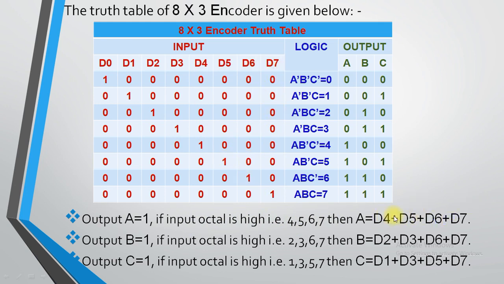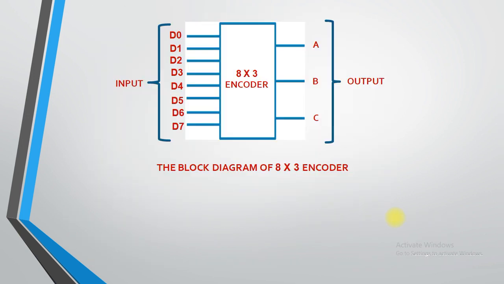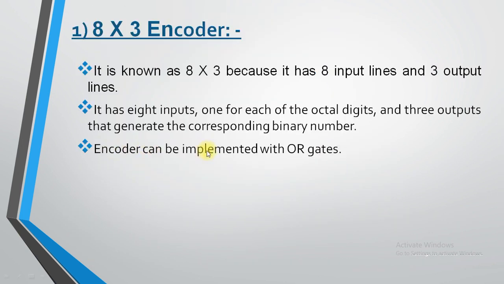So D4 plus D5 plus D6 plus D7. Now plus means which gate? OR gate. So at the very beginning of this session I told you, the encoder is implemented using OR gate.